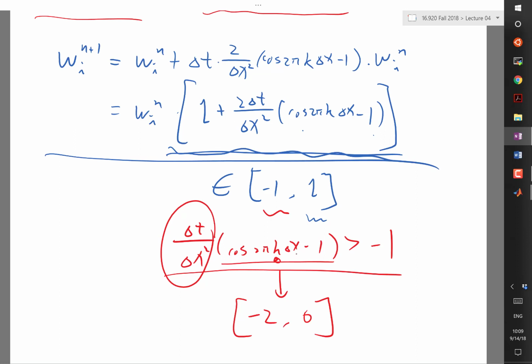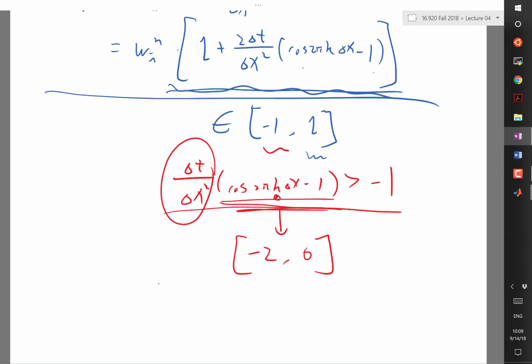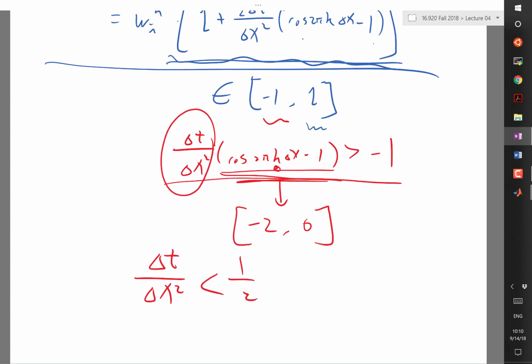If you plot it as a function of k delta x, cosine minus 1 can be as low as minus 2. So for this whole thing to be always greater than minus 1 for whatever k, I need this to be less than what? Less than half, yeah. So that's the condition, that's the stability criterion.